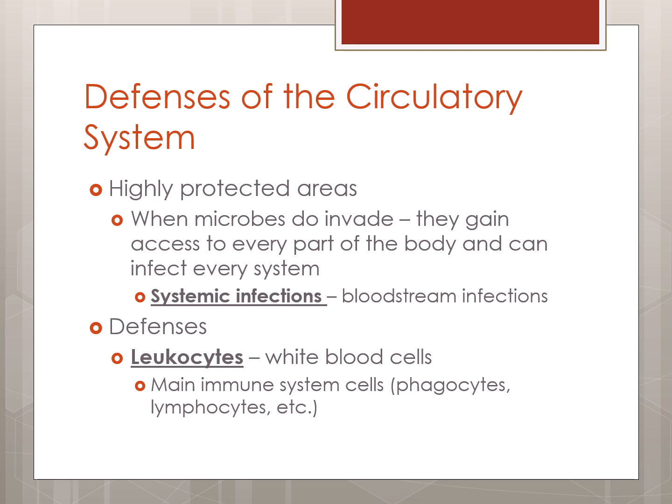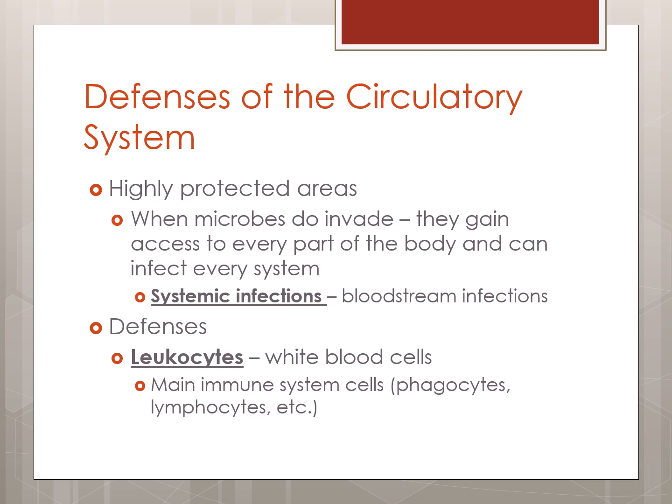So our circulatory system is pretty highly protected, and we do have a pretty strong defense, because if a microbe or a pathogen gets into the circulatory system, then it has access to every part of our body, and that is super scary. So we need to protect what is essentially an interstate that moves throughout our entire body.